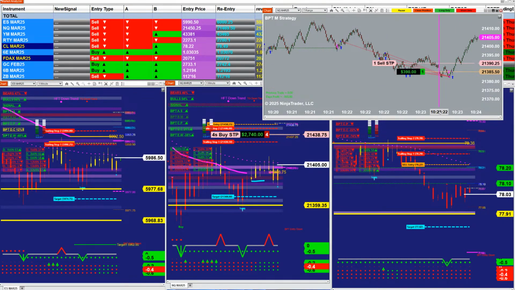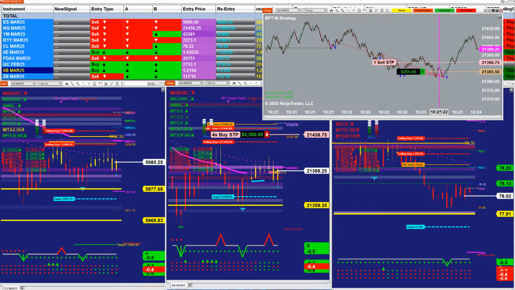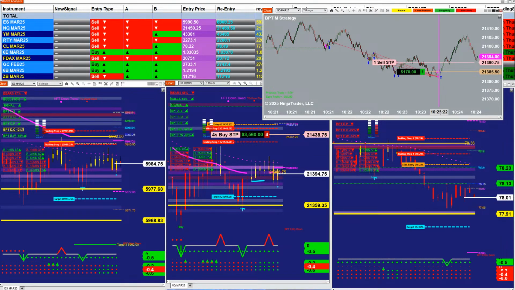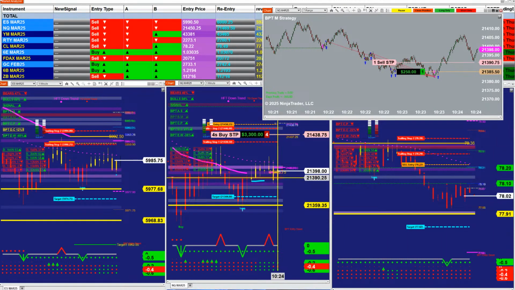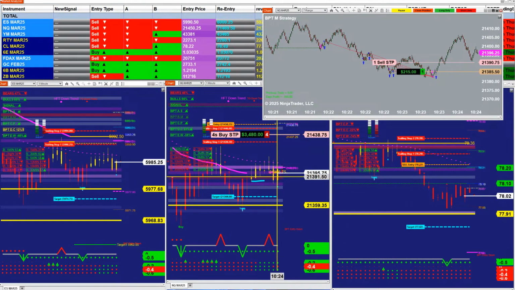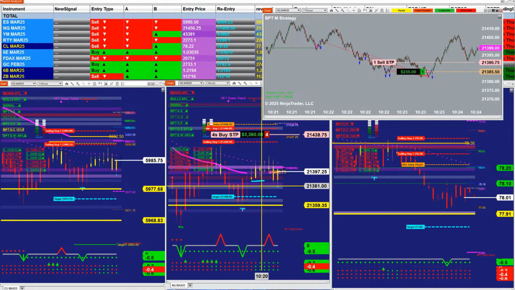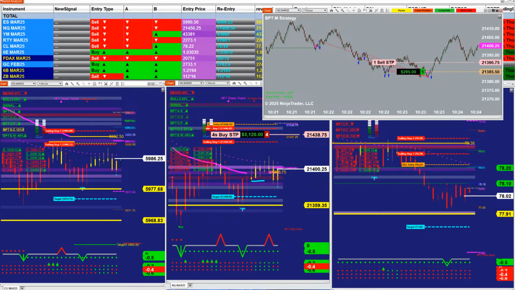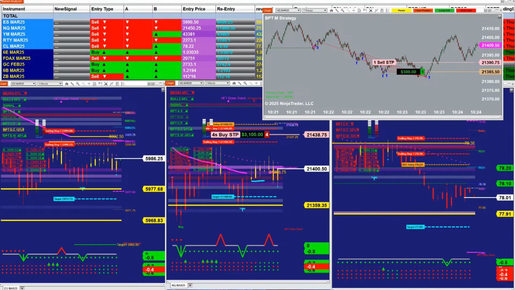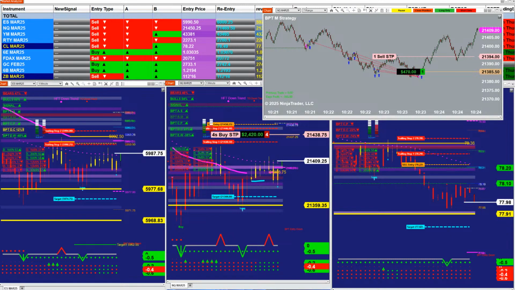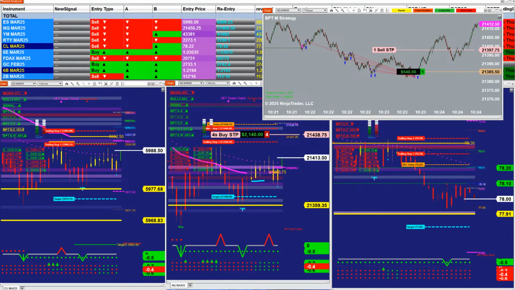It recovered it immediately. And then it drops. It comes into the fib line, it's right there. This is a very fast auto trade for those conditions. There we go. Finally made it.